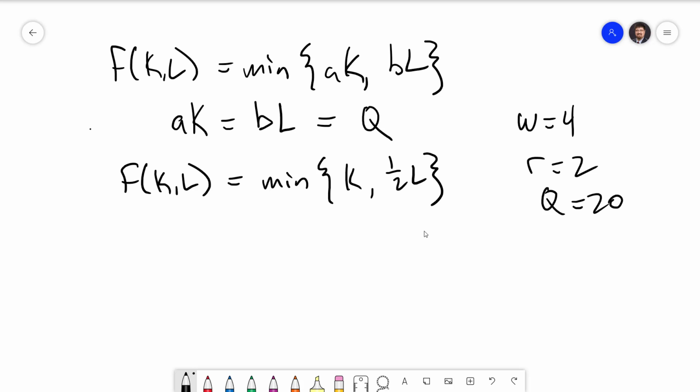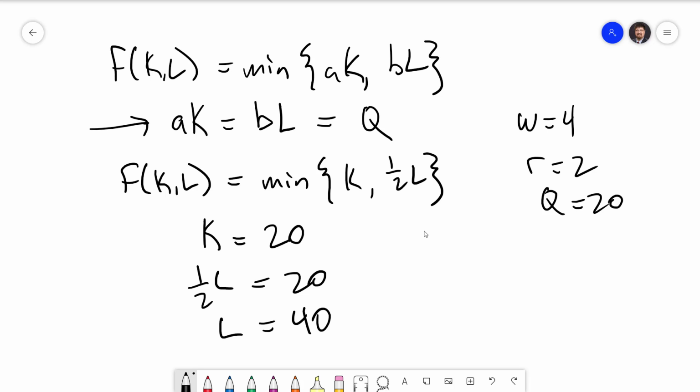We'll just plug all of those things into these equations right here. So first of all, we need AK equal to Q. Here A is 1, so we just have K equals Q, which is 20. For the second one, we have 1/2 L equals 20, so that means L is going to be 40. That's really all there is to it.